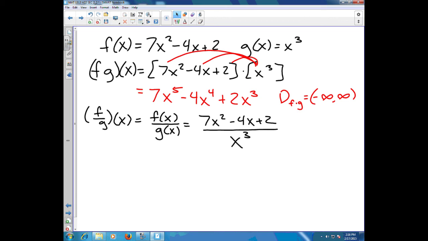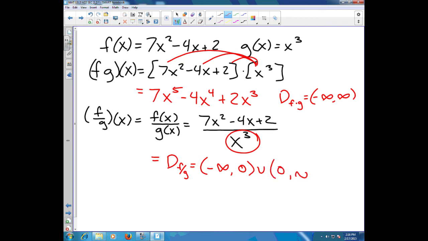The domain for this function is going to be all real numbers except for whatever makes the denominator 0. Well, x cubed will be 0 whenever x is equal to 0. We have to leave 0 out of the domain. And so the domain of f divided by g is minus infinity to 0, union 0 to infinity. So we've left out 0.